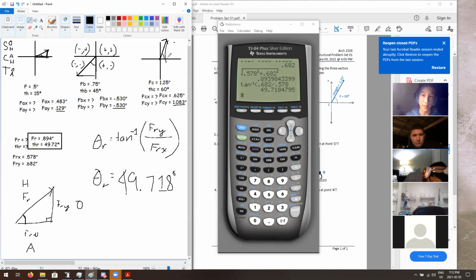We add all the x's together to get f sub r x, and we add all the y's together to get f sub r y, right? So we've added all the vectors together. Now we need to get the measurements. Use Pythagorean theorem on f sub r x and f sub r y to get f r. And we use inverse tangent on f sub r x and f sub r y to get the angle.